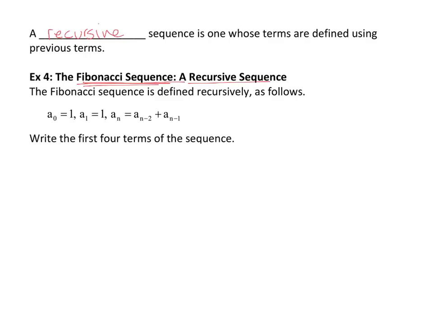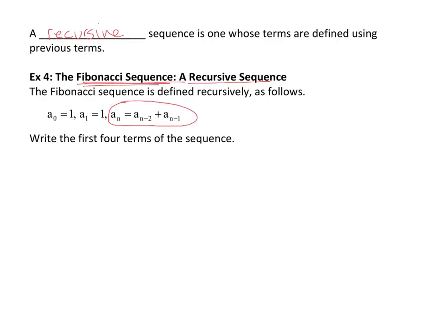Now the Fibonacci sequence is defined recursively as follows. All right, now you're going to see a sub 0. Sometimes we use a sub 0 because it just helps construct the function much easier. Now we have a sub 1 is 1, then it says this here. What does this mean?